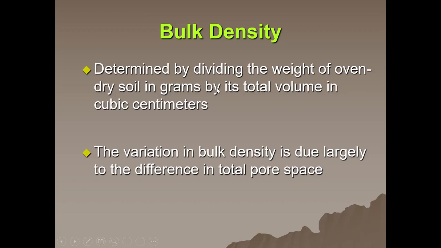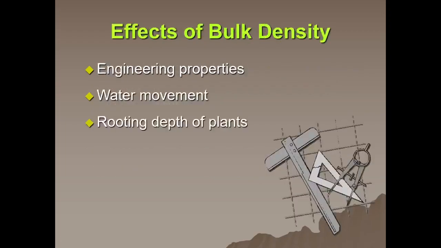The variation in bulk density is due largely to the difference in the total pore space. Once the soil is compacted, the total pore space will be reduced, so bulk density will be high. And if the soil is too loose, then the bulk density can be low because there is a lot of pore space and the soil is not compacted.